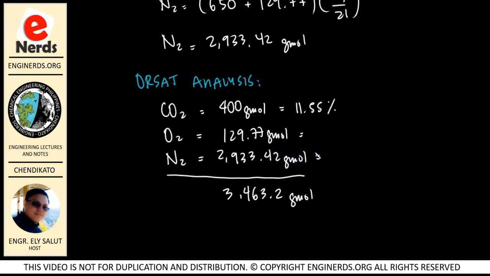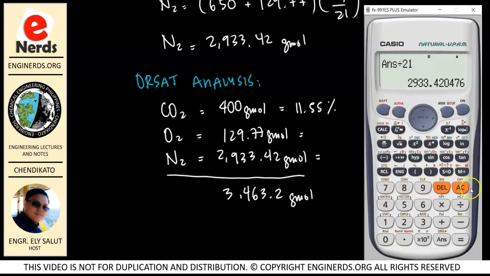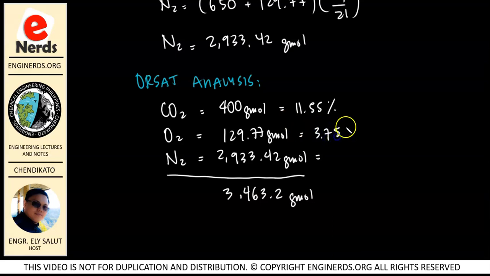So we need to determine the percentage. How much percent O2 do we have? 129.77 divided by the gram mole of our stack gas, which is 3,463.2 times 100 is equal to 3.75%.